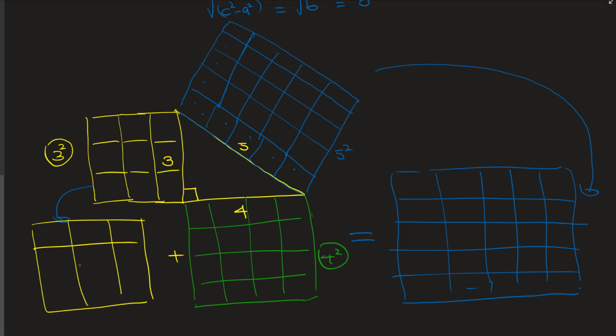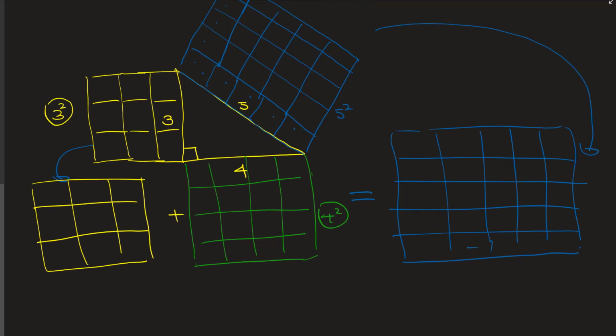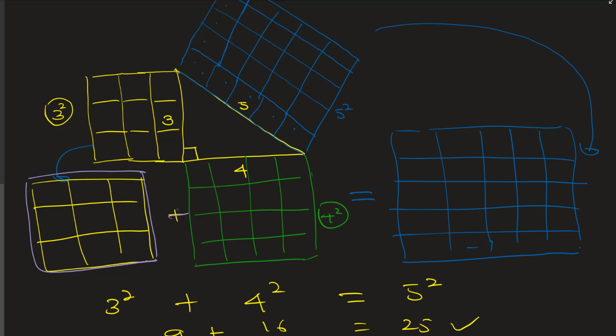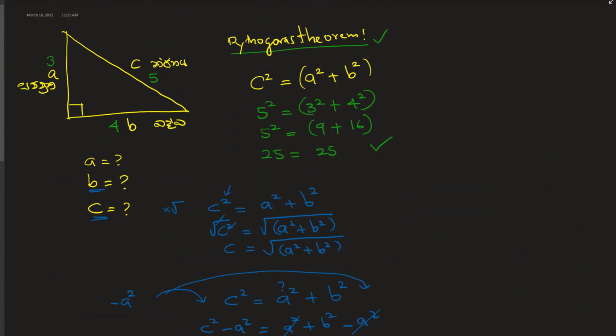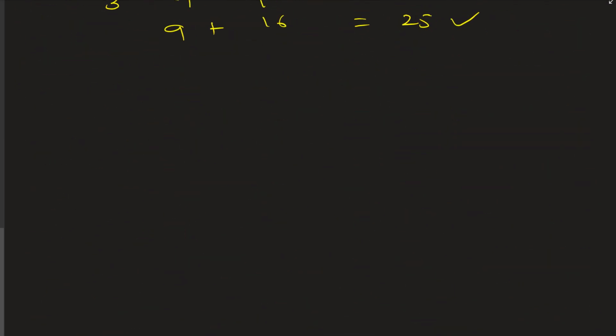If you remember, we were talking about the tiles for factoring, that's a similar idea. So this is a good way to think: rather than thinking about the numbers, you think about the squares and whether they match left to right, right? That means simply 3 squared plus 4 squared is equal to 5 squared. And that becomes 25 equals 25, like we discussed at the beginning.